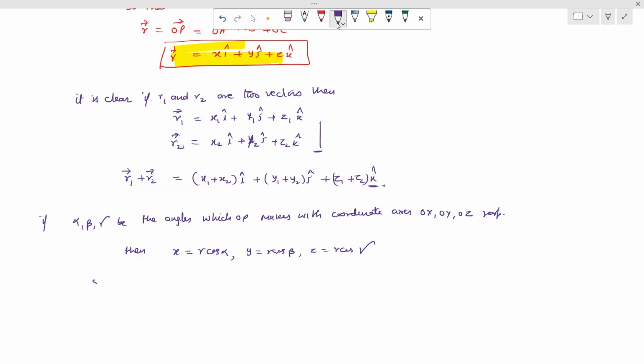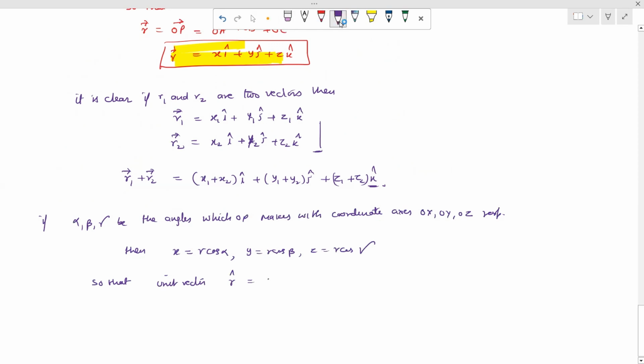So the unit vector of vector R can be represented as R cap.